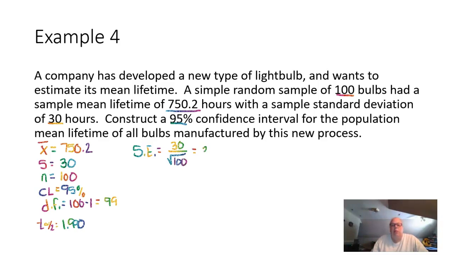Well, this is just going to give me 3 because we'll have 30 over 10, which is 3. And we want the margin of error. That's going to be our standard error we just found times our t value down there, 1.990. Let's see what the calculator gives us. And this is giving me 5.97.